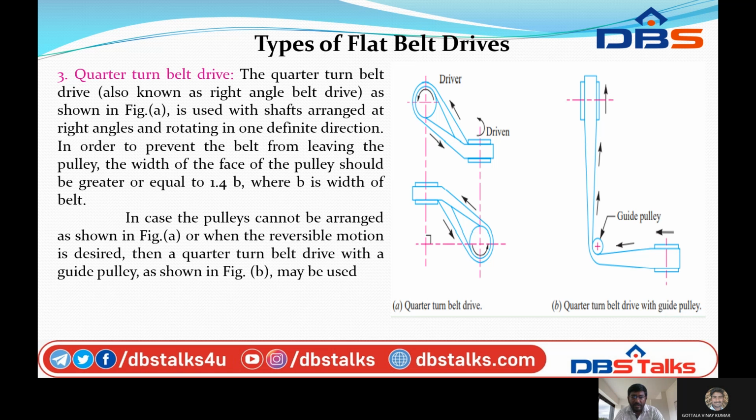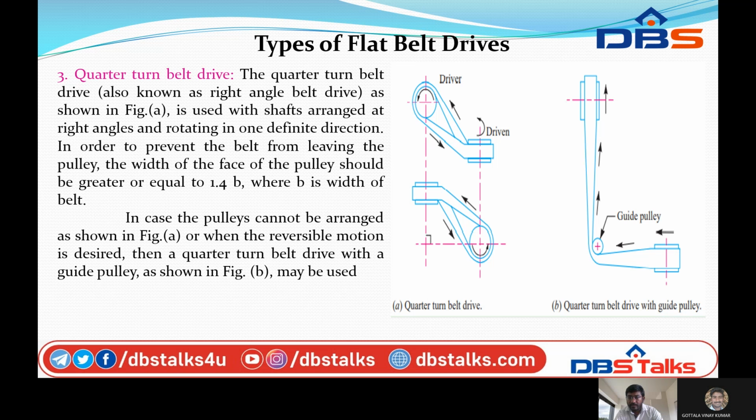In this case, the pulley cannot be arranged as shown in figure A. When the reversible motion is desired, then a quarter turn belt drive with a guide pulley, as shown in figure B, is used. So in this figure B, quarter turn belt drive with a guide pulley, we can arrange this quarter turn belt drive by using the guiding pulley.